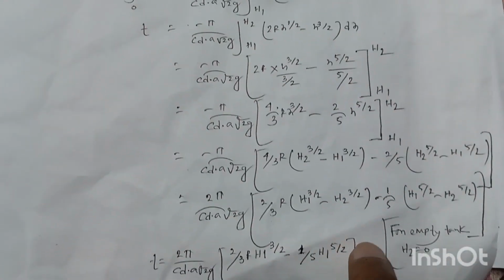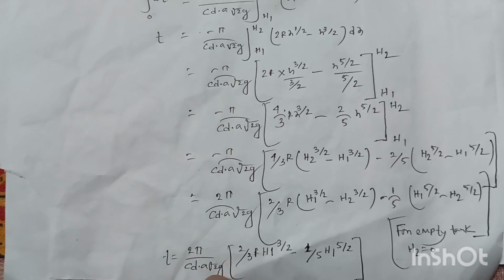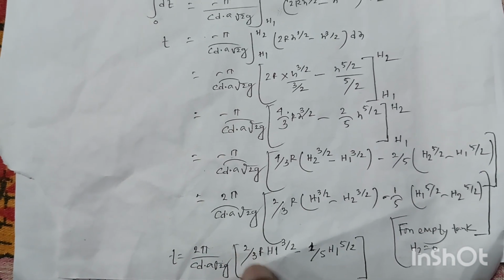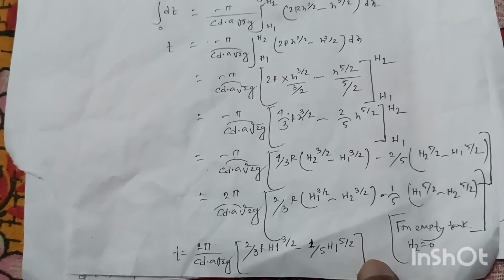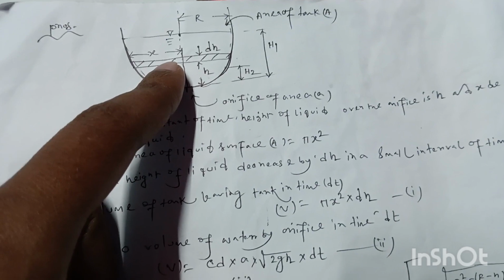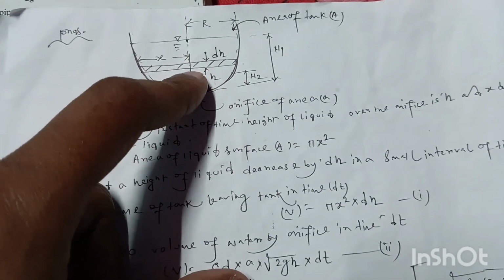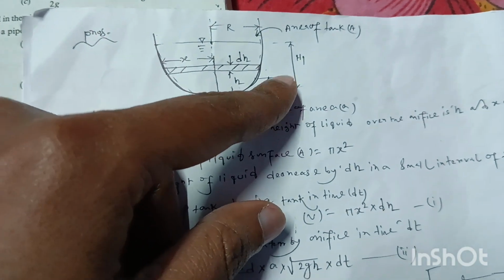So if we put h2 equal to 0, the equation will be 2 pi by Cd into a into root over 2g within bracket 2/3 r into h1 to the power 3 by 2 minus 1 by 5 into h1 to the power 5 by 2. Now look friends, in this hemispherical tank the height of the liquid surface h1 is equal to r.